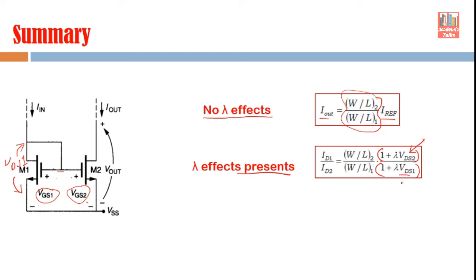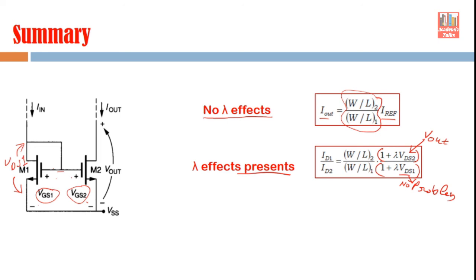VDS1 is no problem, because VDS1 is always constant; it depends on your input current and on your gate source voltage. But your VDS2 depends on your output voltage, and the output voltage keeps on changing. It is a constant current source, not a constant voltage source.